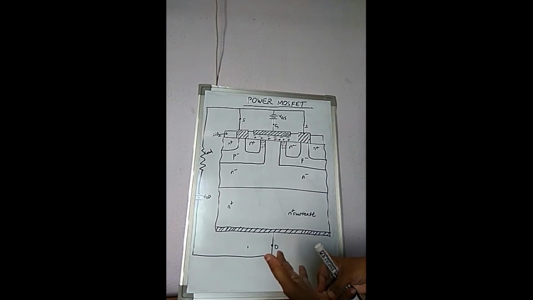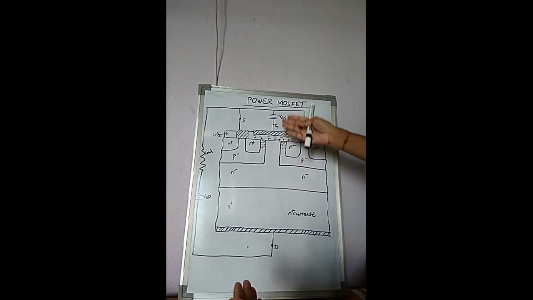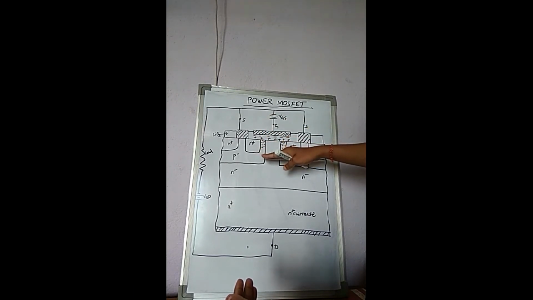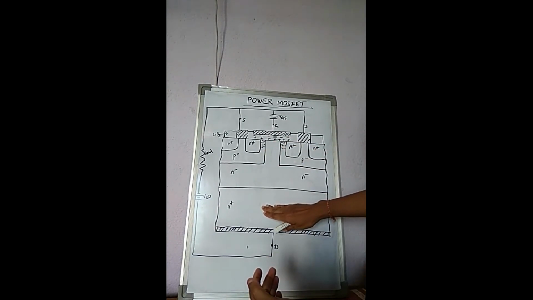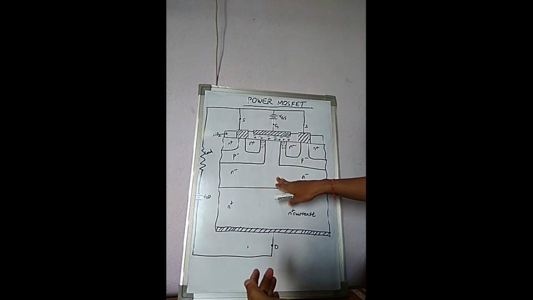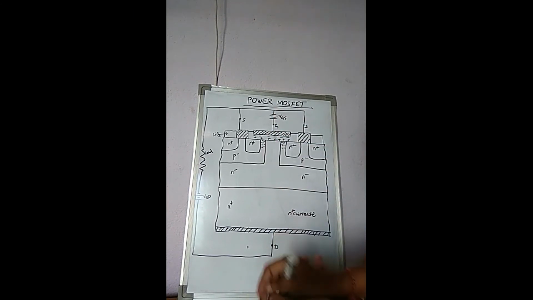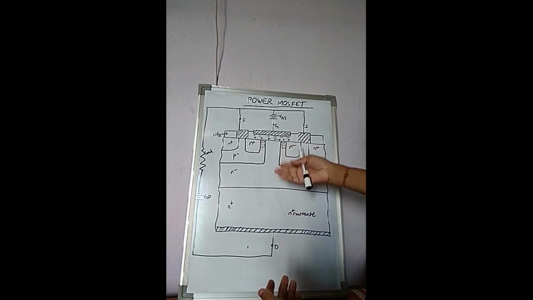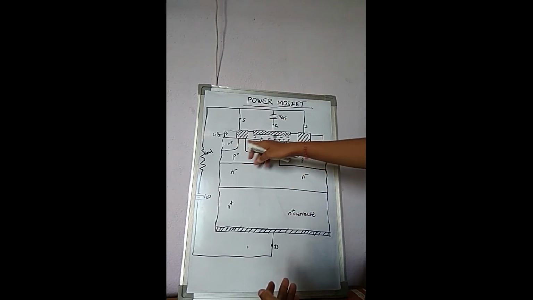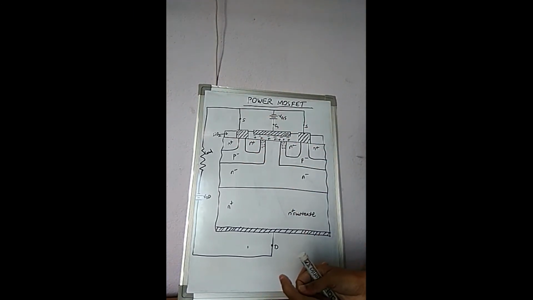Then over this p minus region, n plus regions are diffused. First the n plus substrate, then the n minus layer is epitaxially grown, and over this n minus layer p minus regions are diffused, then over the p minus region n plus regions are diffused.